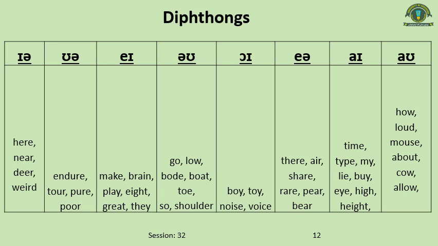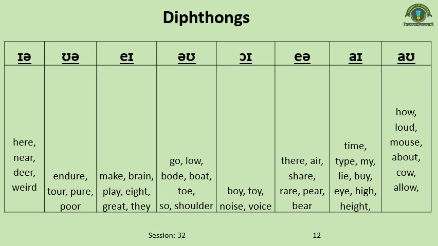The next diphthong is air. Air. The keywords are there, air, share, rare, pair, bear.